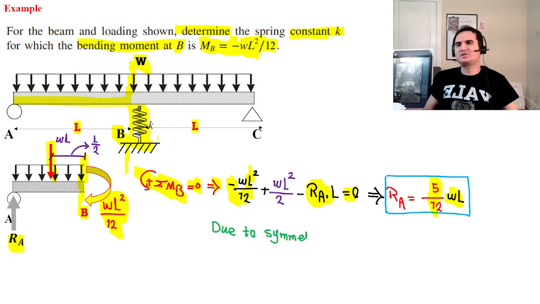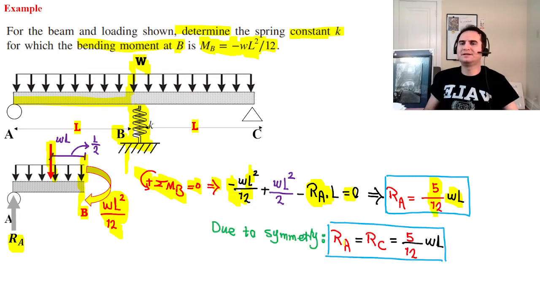Due to symmetry of the structure, one can easily say RA is equal to RC at both supports, and that's also equal to 5 over 12 WL.